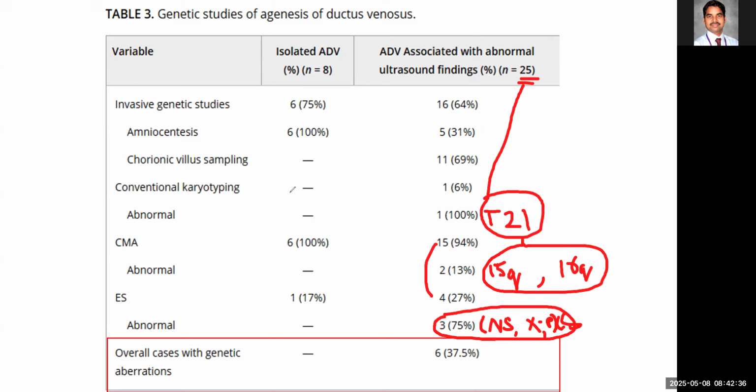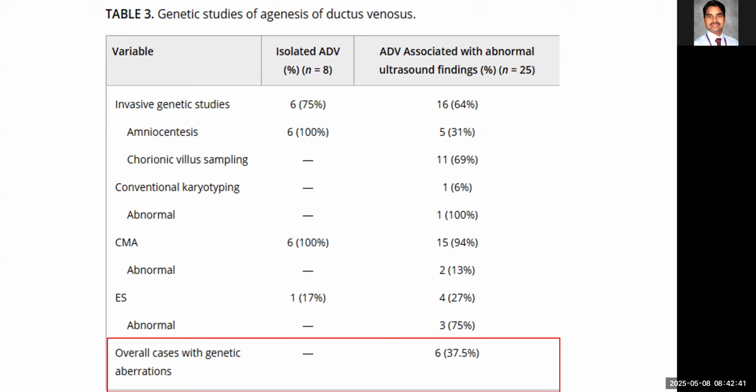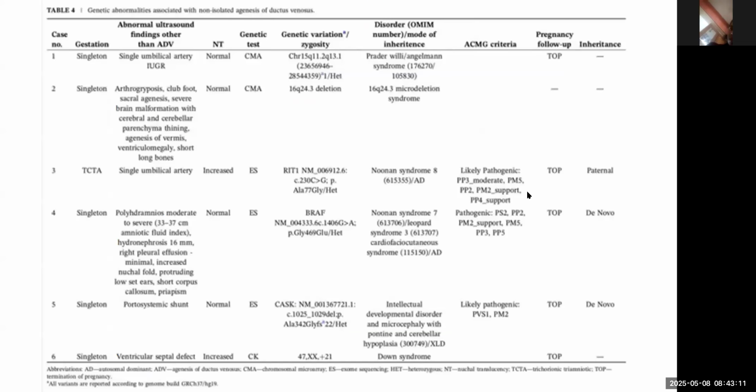So totally 6 out of 22 genetically analyzed cases in the study were diagnosed with genetic aberrations, sir. Yeah, 6, of which 3 were molecular diagnoses, isn't it? That is, single gene disorders. 2 were microdeletions, and only 1 was a proper chromosomal number abnormality. Okay.